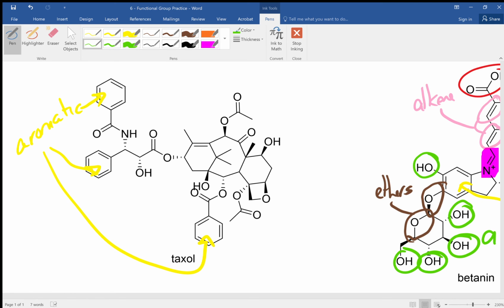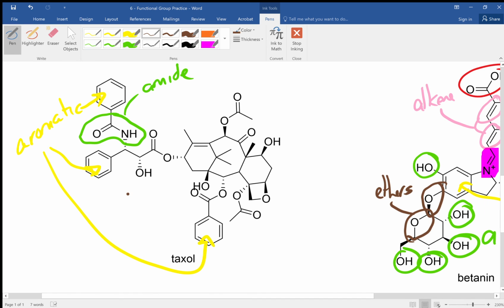Then I'm just going to sort of work from left to right. So here is a carbonyl that's also bonded to a nitrogen, known as an amide. We have some alcohols, one here, and a third one over here.